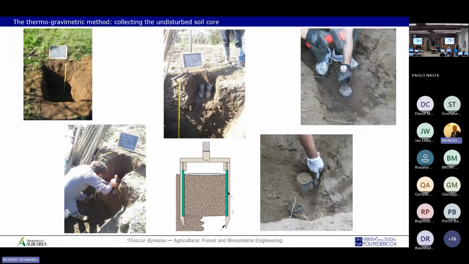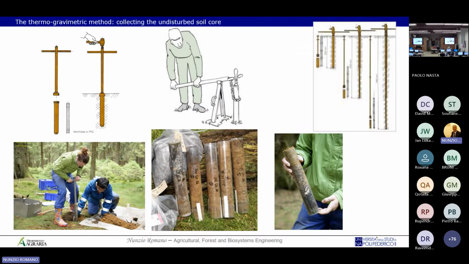And of course, you can use different kinds of cylinders. You can use the kind of cylinders that we use, for example, to calibrate some indirect methods. These transparent PVC cylinders are also an interesting way to collect undisturbed soil cores because you can see the layering.